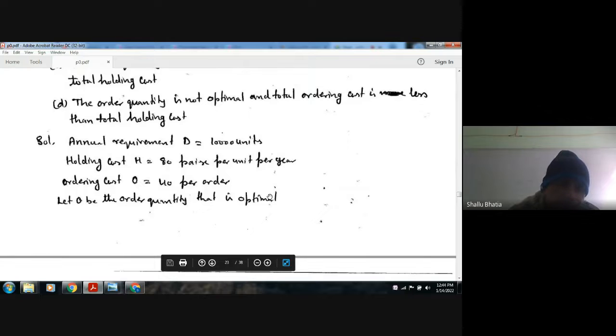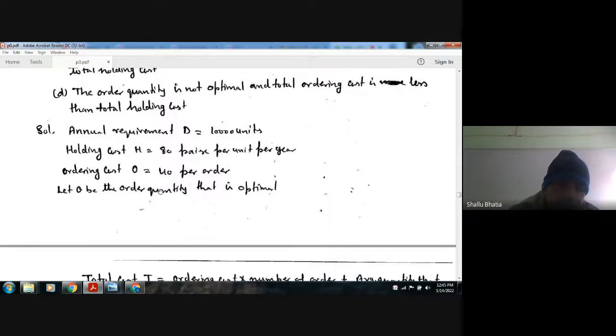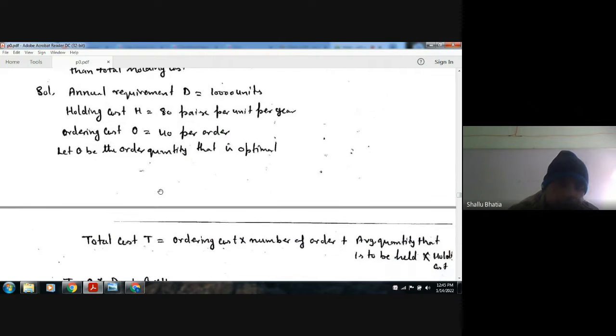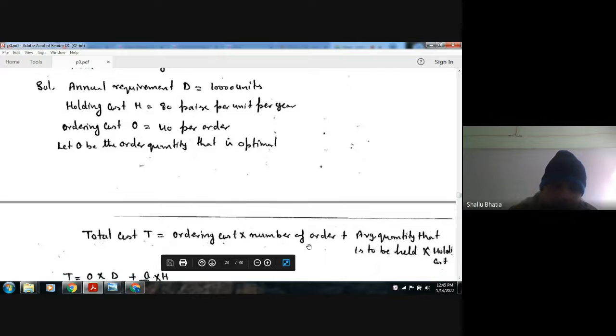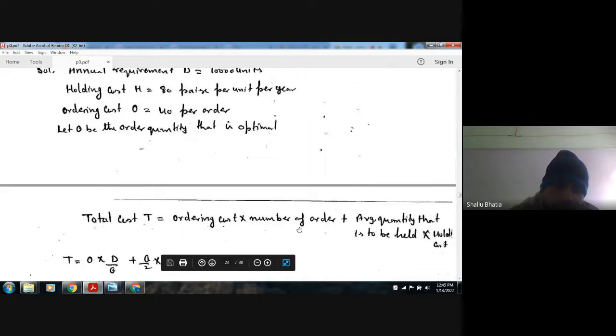So annual requirement is this, and holding cost is this, and ordering cost is here 40 per order. So if we neglect the unit cost, then the total cost is this. We have to optimize it. The total cost is the ordering cost plus the holding cost. The ordering cost is the number of orders, D by Q, times O, the ordering cost.